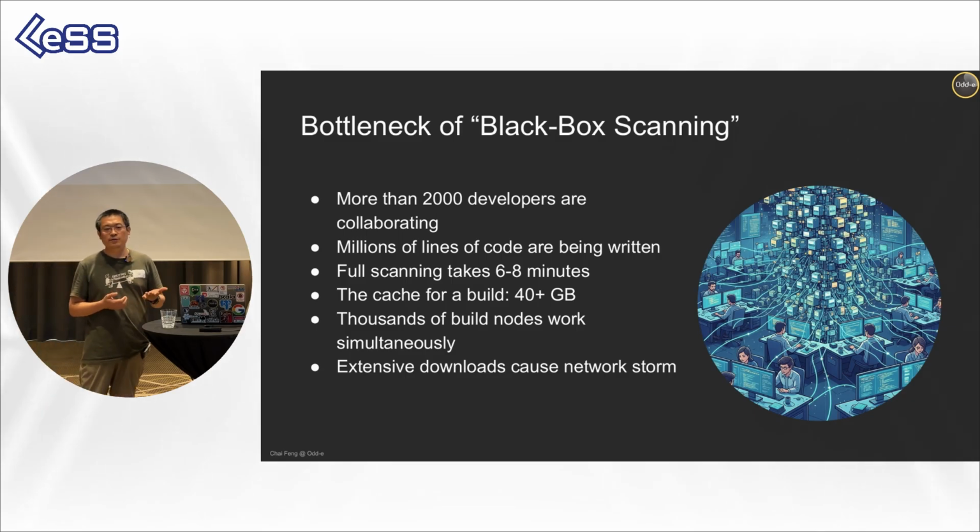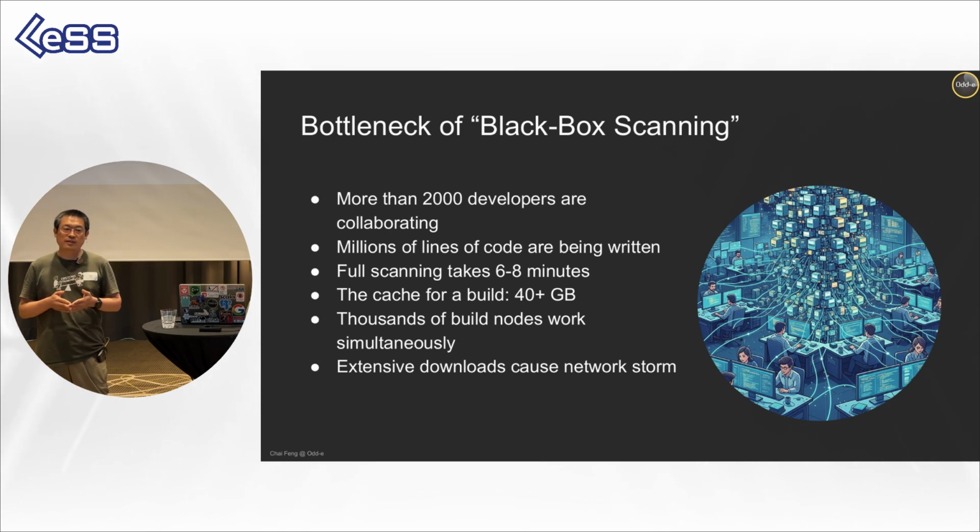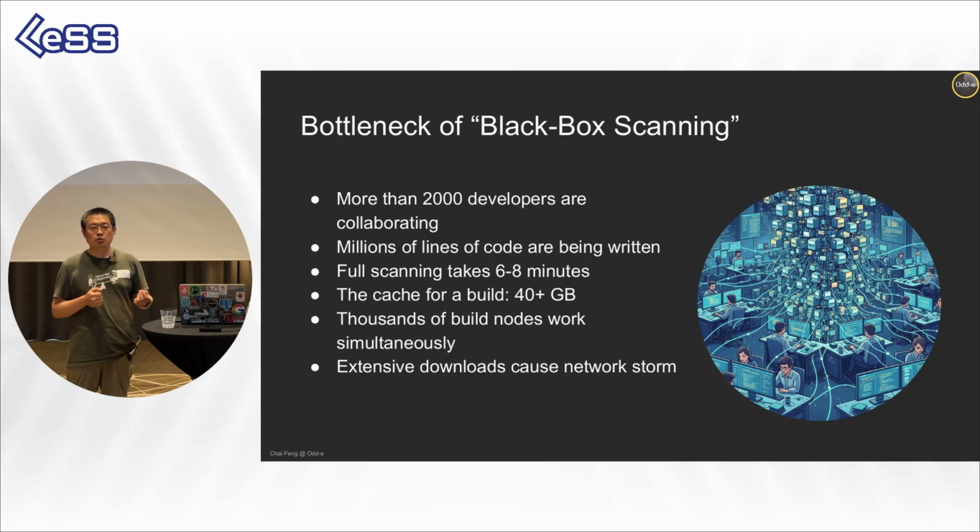Second, in a full integration build, the cache would total about 40 gigabytes if we downloaded all of it. In each run, we still try to download as little of the cache as possible, often 100 megabytes to several gigabytes made up of a lot of small files, which takes about 10 minutes. You can imagine it.